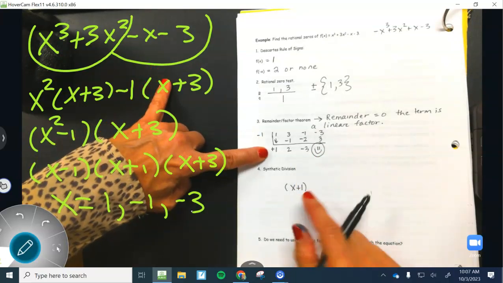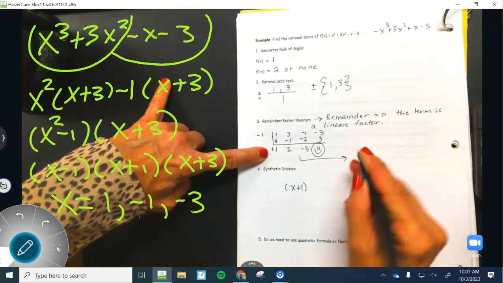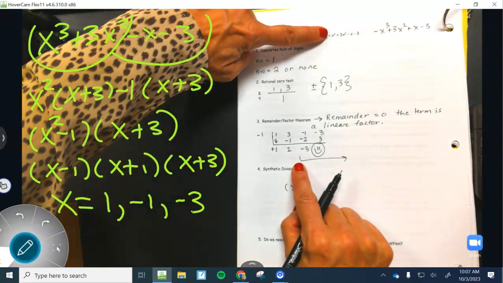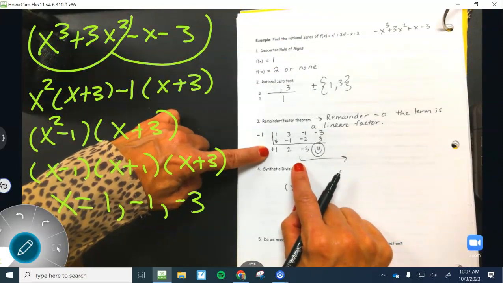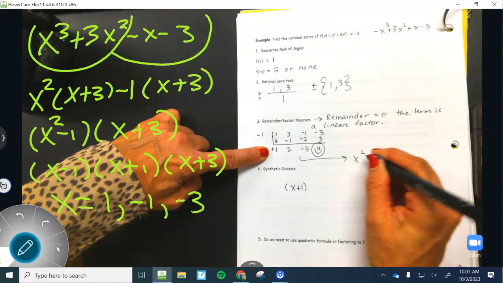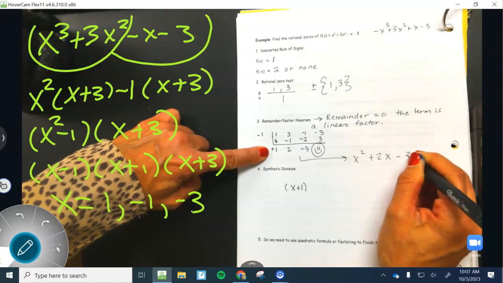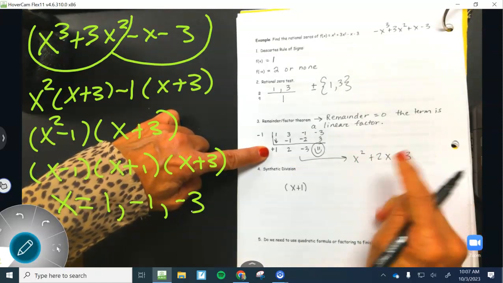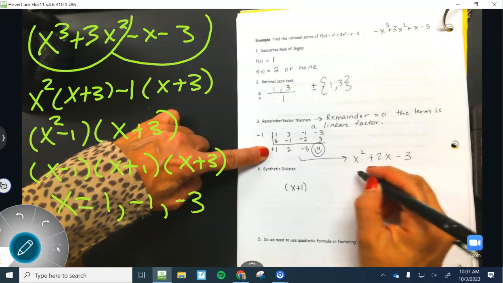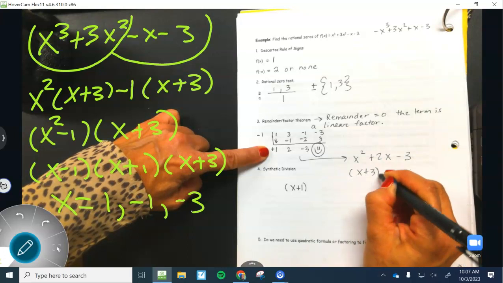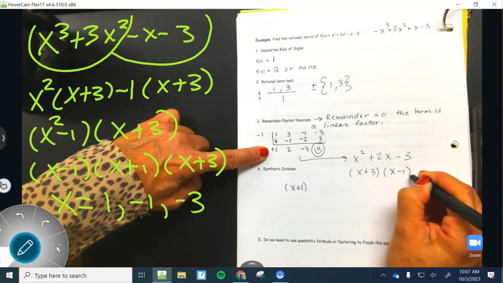Let's analyze this quotient. Now remember, the polynomial started with a degree of 3. That means this quotient starts with a 2. So this is x squared plus 2x minus 3. Can you factor that? What does that factor to? Yes, x plus 3, x minus 1.